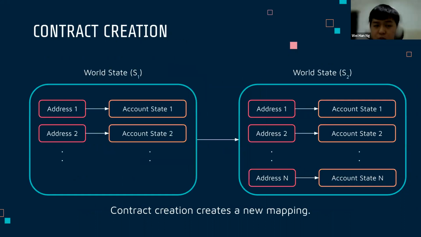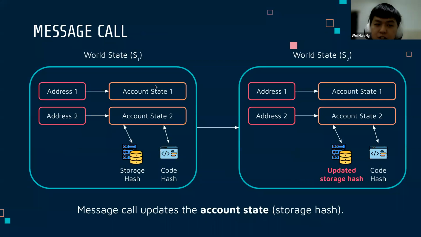And to look deeper into contract creation from the world state point of view, let's say the previous world state has address 1, 2, and so on and so forth, and in the second world state, or in the newest state, you will have a new address, right? So as simple as that, it creates a new mapping. And for message call, previously you have an address and account state, right? And remember, account state contains storage hash and code hash.